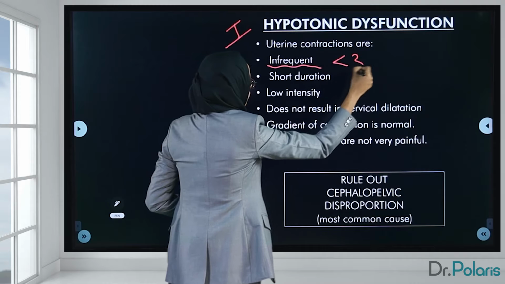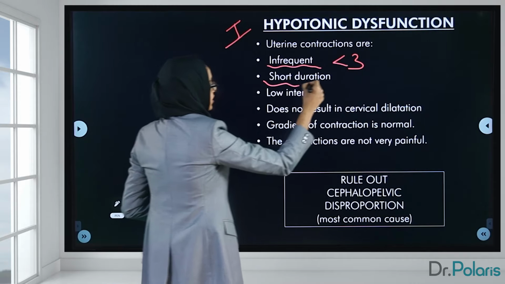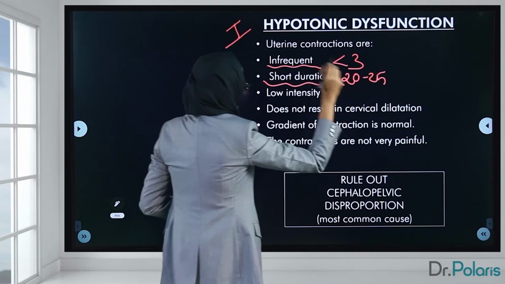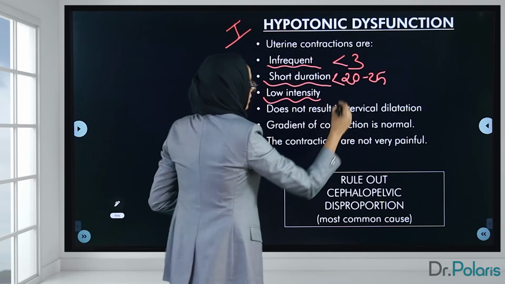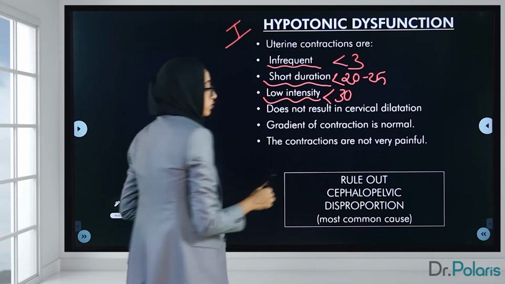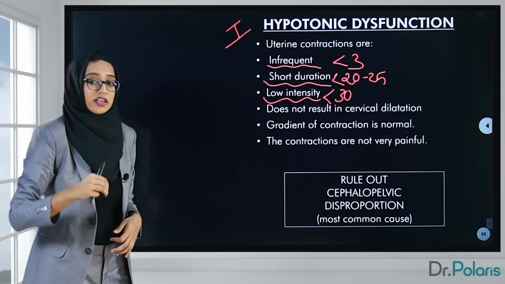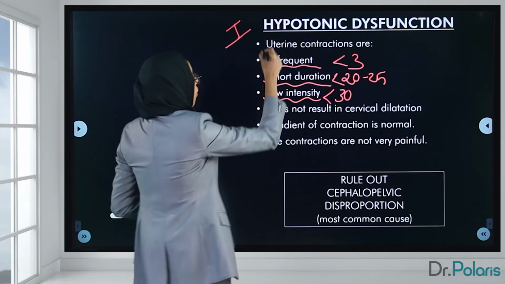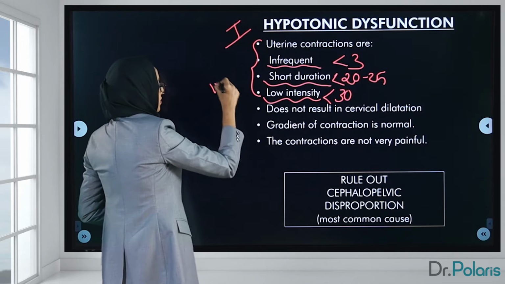That means less than 3. They are of short duration, usually 20 to 25 seconds, if not lesser. Low intensity, that means they don't reach the 30-35 mm of mercury. They're very, very low. So when the woman is having a contraction, you're easily still able to indent the uterine fundus. All of this is ineffective, right?